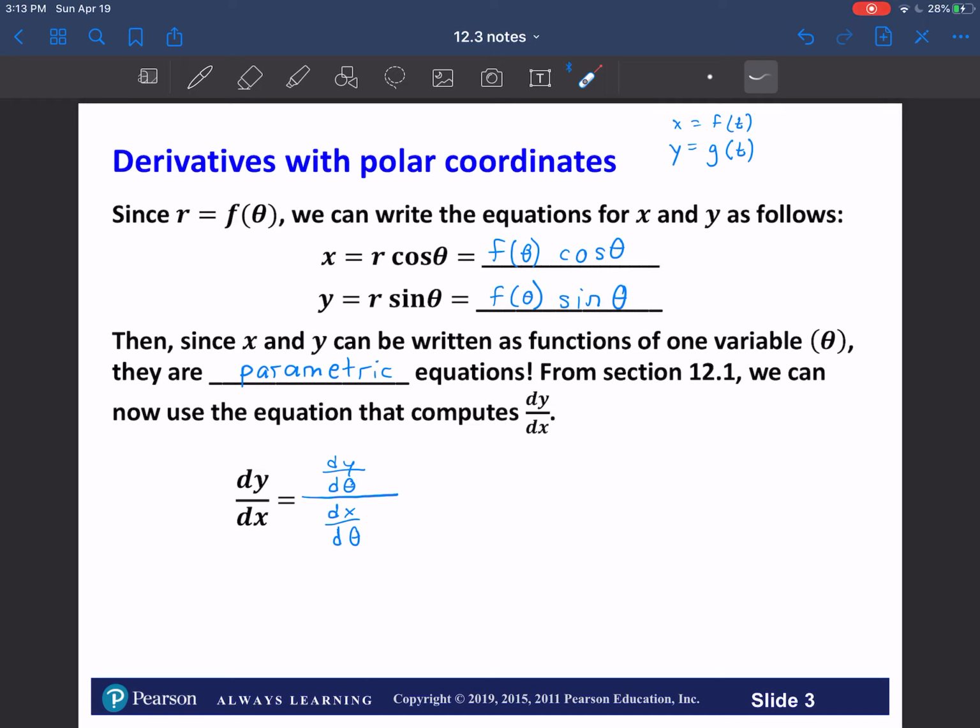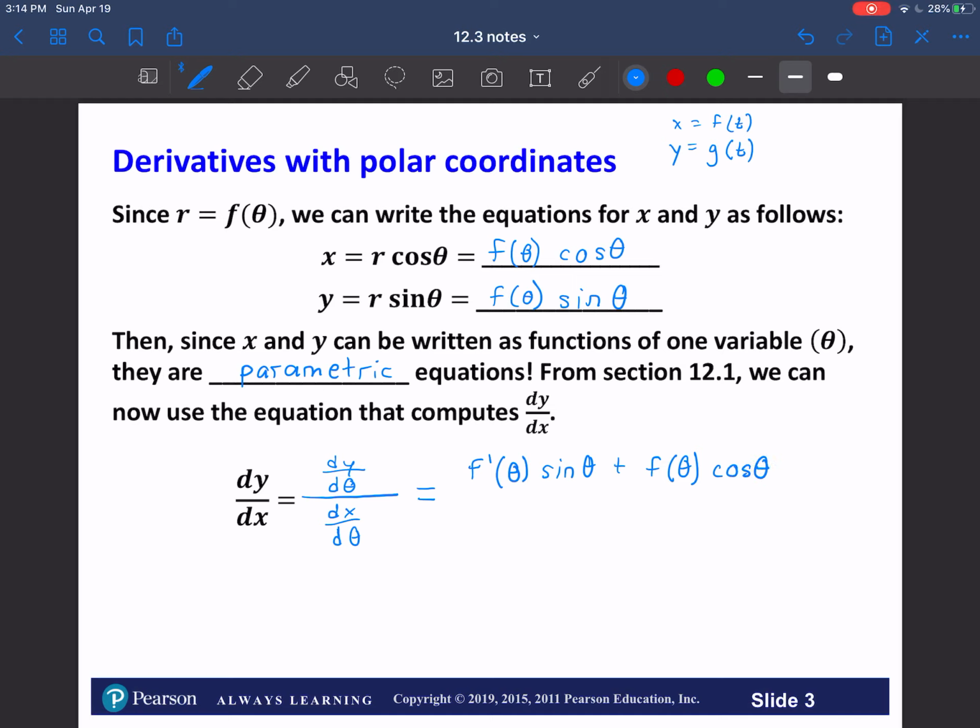So since x is equal to f of theta cosine theta, we're going to take the derivative of that. And y is equal to f of theta sine of theta, we'll take the derivative of that. So the derivative of this one with respect to theta is, since it's a product of two functions, f prime of theta times the second function, sine of theta, plus f of theta times cosine theta.